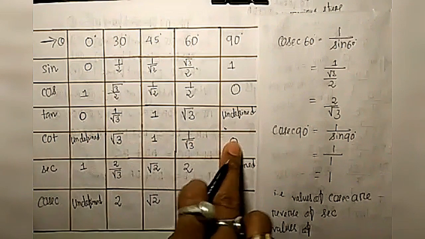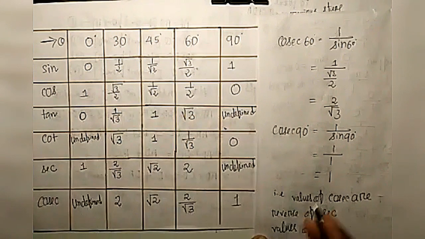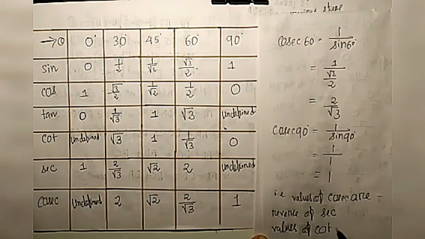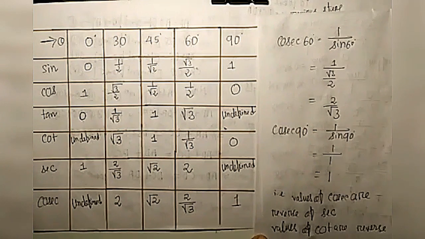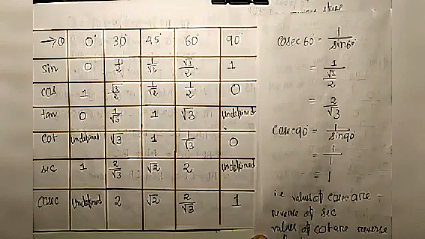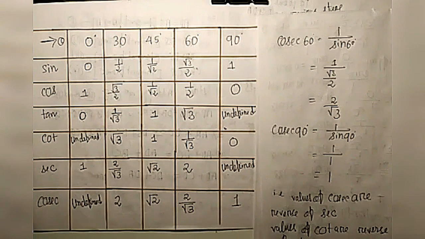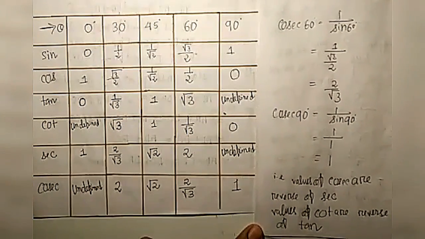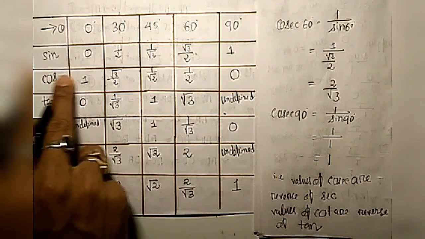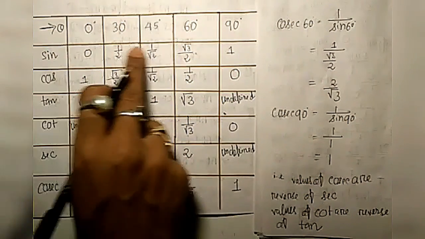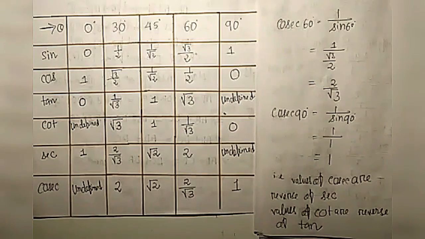Exactly the same for tan and cot also. For the values of cot, we need to write the values of tan in reverse order. So also, the values of cos are what? Writing the values of sine in reverse order.